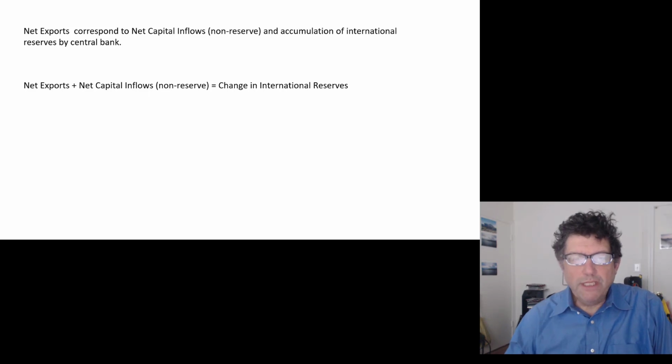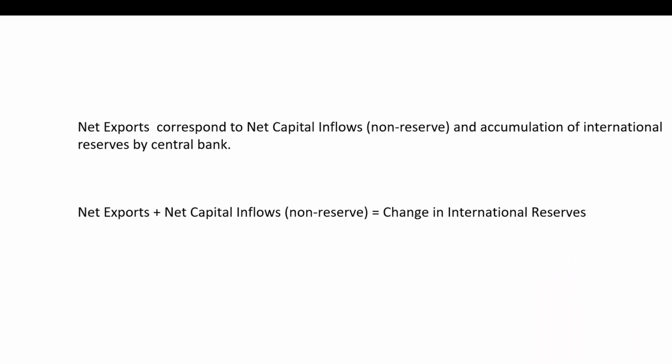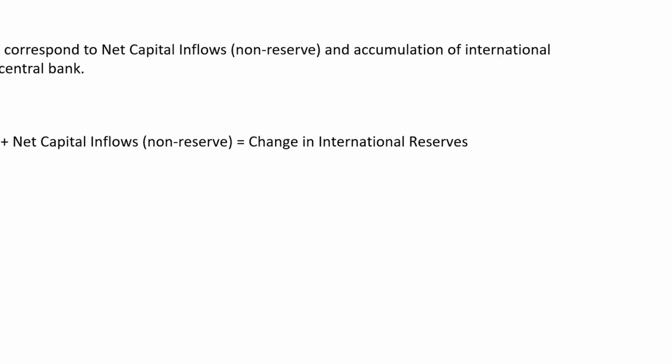But when we start to talk about a fixed exchange rate system, we have to distinguish between financing that is not reserve based, not based in the accumulation of international reserves, that is, the foreign currency holdings of the central bank. We'll be going into the topic of those foreign currency holdings of the central bank, what we call international reserves, a little bit more deeply.